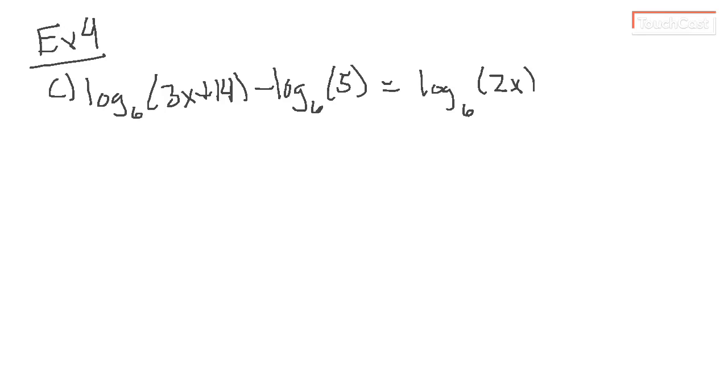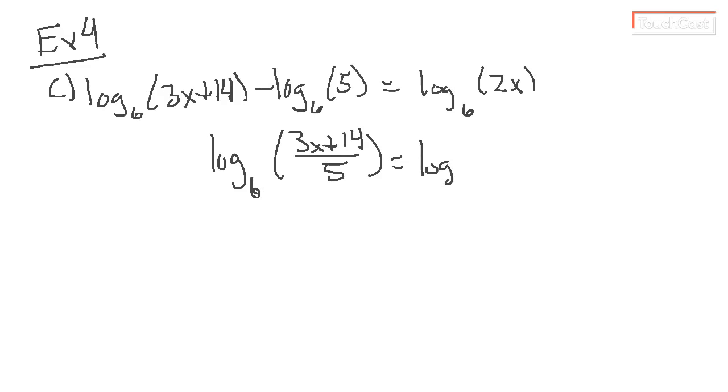So first, let's condense what's on the left to one logarithmic expression. When we subtract like this, we can use the division property to rewrite this as the log with our base 6 of 3x plus 14 divided by 5 equals the log base 6 of 2x.